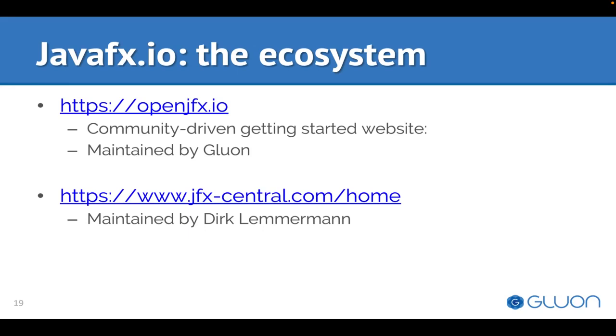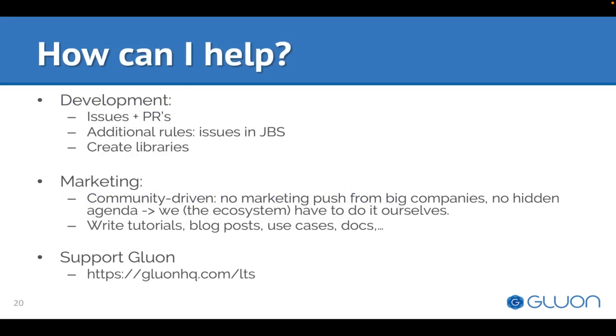It doesn't provide much, but what it provides is stable and up to date, and it tells you how to get started and where to find more links. And then there's jfxcentral.com, which is created and maintained by Dirk Lemmermann, which contains much more links and useful information about JavaFX. And then there are a whole bunch of websites with tutorials and screencasts and blogs and so on.